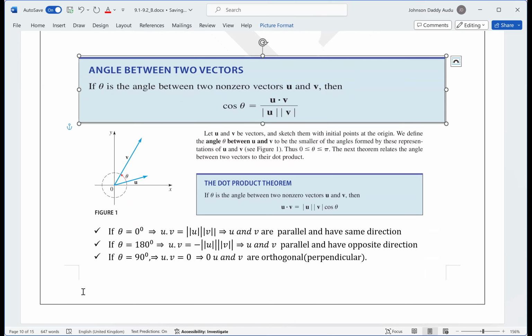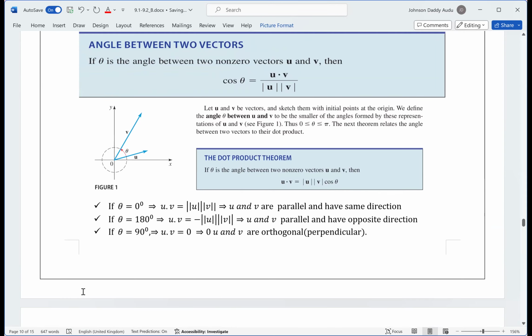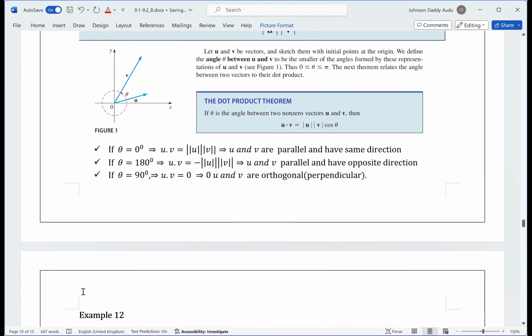The angle between two non-zero vectors is given by this formula: cos theta equals u dot v divided by the magnitude of u times the magnitude of v.